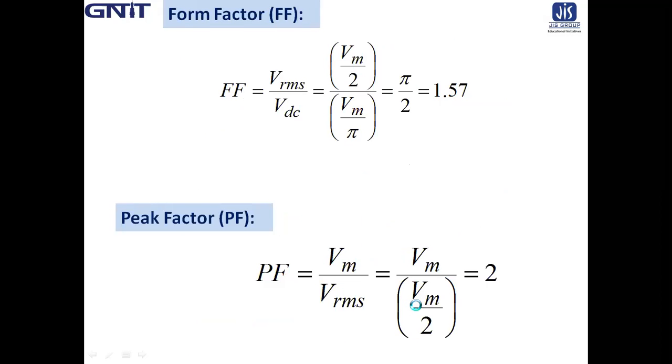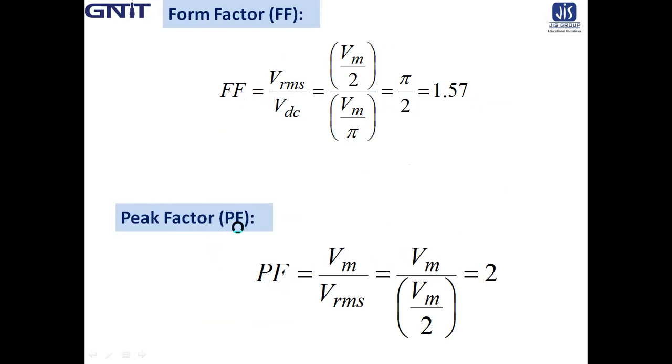Then there are two small terms, one is form factor, another is peak factor. Form factor is the ratio of VRMS by VDC, that is the RMS value to the average value of the voltage for half wave rectifier. After putting VRMS as Vm by 2 and VDC as Vm by pi, it is pi by 2, which is 1.57.